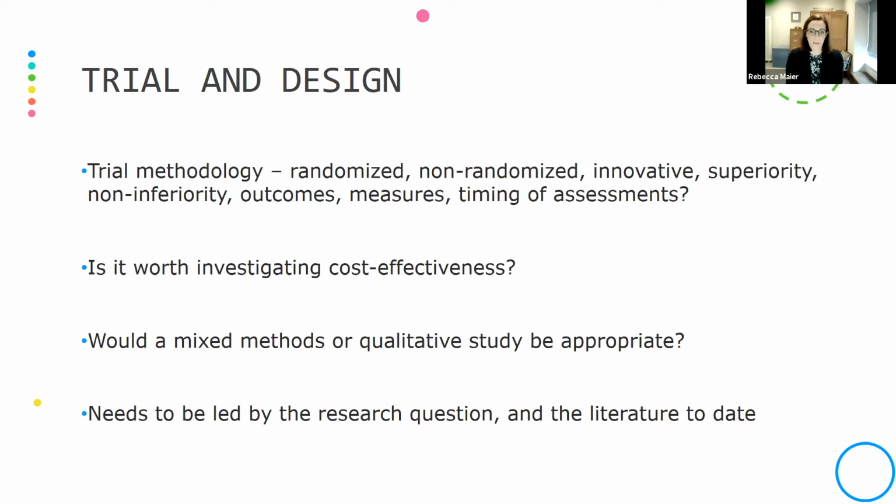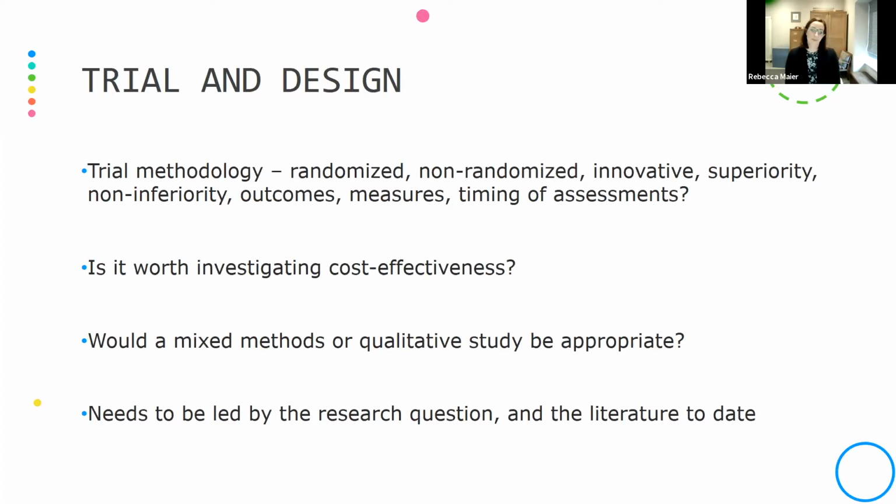So when you're doing a randomized trial, are you doing a non-randomized trial? Is it going to be looking at innovative or adaptive designs? Are you looking at, if you're doing a randomized trial, whether it's superiority, whether your intervention is going to be better, whether it's going to be a non-inferiority trial, so no worse than the current standard of care.